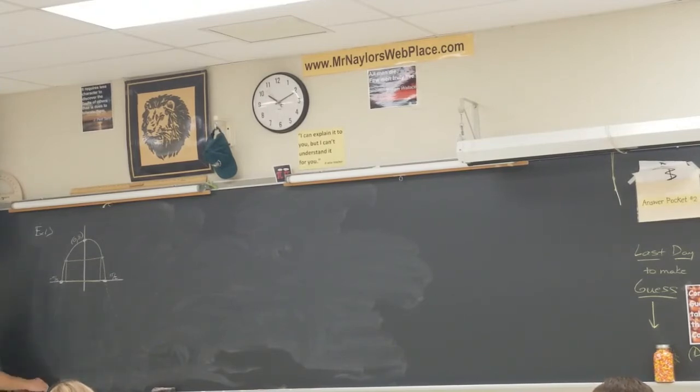To be inscribed means that the vertices are on the actual equation. Now, the rectangle I just drew is just symbolizing some rectangle. We want to get the biggest one, and we really don't know if the biggest one is the one that I drew.